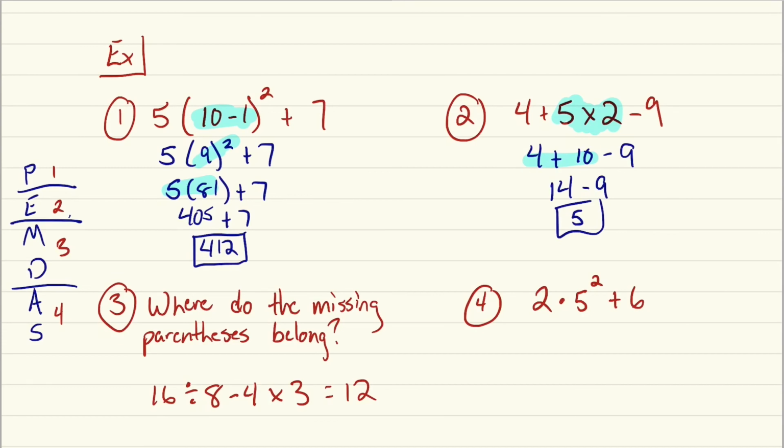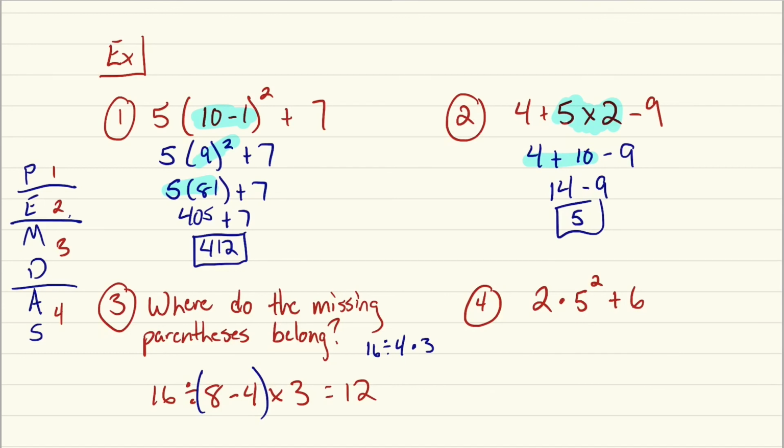What if they went around the second two numbers? Well, if we solve that, that would give me 16 divided by, and then 8 minus 4 we would have to do first, so that's 4, and then times 3.